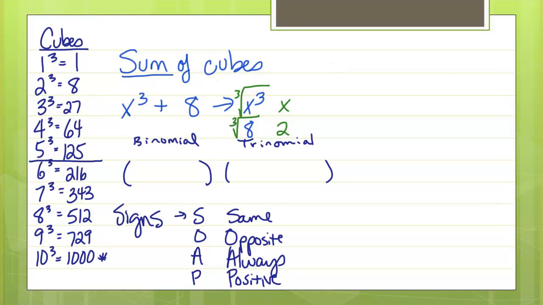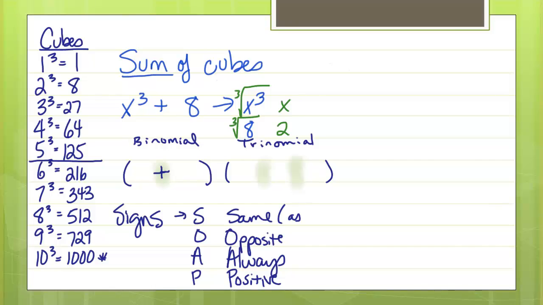Obviously, well, not obviously, but the first term is going to be positive. We don't have to write a symbol. But the question is, what am I going to put here and here and here to separate the terms I'm going to write, the 2 terms for the binomial and the 3 terms for the trinomial? Well, SOAP tells me that because we started with a sum or a plus, this is going to be the same as that sign, right?